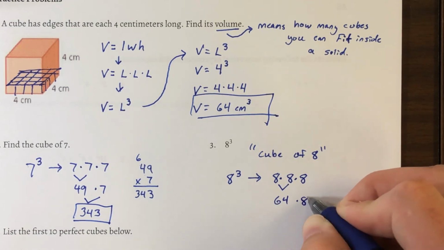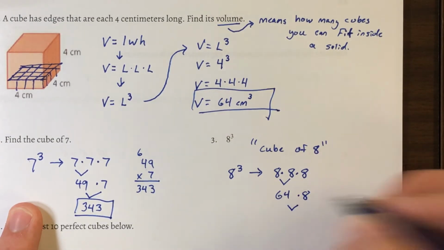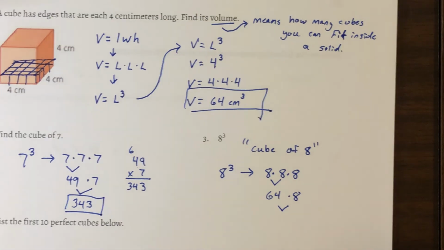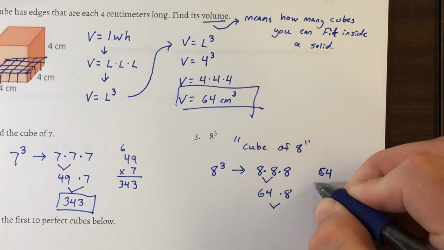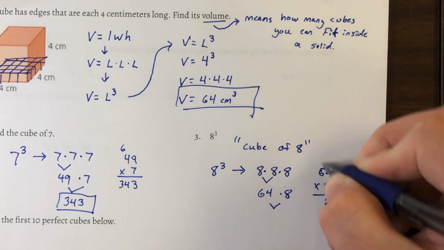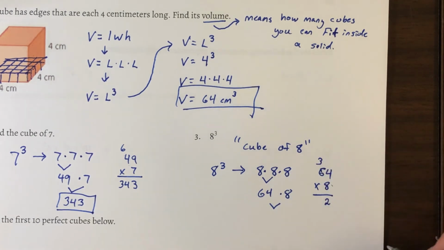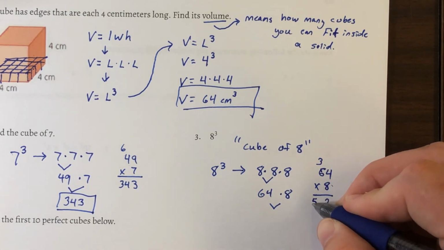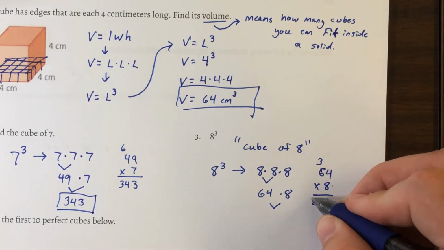And now we still need to multiply by 8. If only I had my 8th perfect cube memorized, I could go ahead and just write our answer. But I don't have it memorized, so I'm going to have to show additional work. So 64 times 8. 8 times 4 is 32. 8 times 6 is 48, plus 3 is 51. So we get 512.